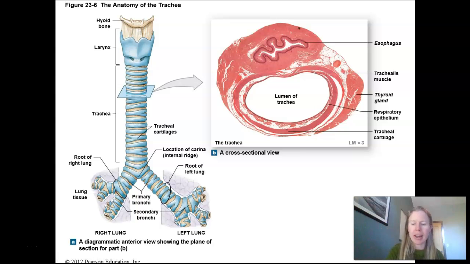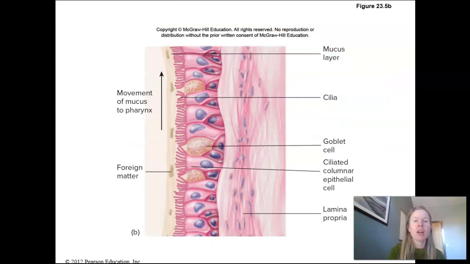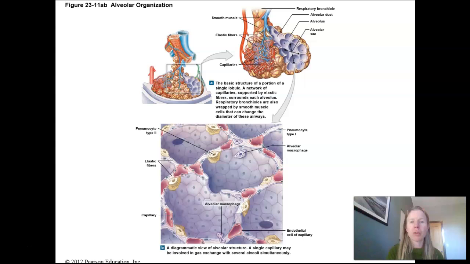We're just trying to get air to the lungs, hopefully get some of the microbes out of it before it gets there. So do notice, right, this splits into primary bronchi and then again into secondary bronchi, and it will also go into tertiary bronchi. That's your book's picture.